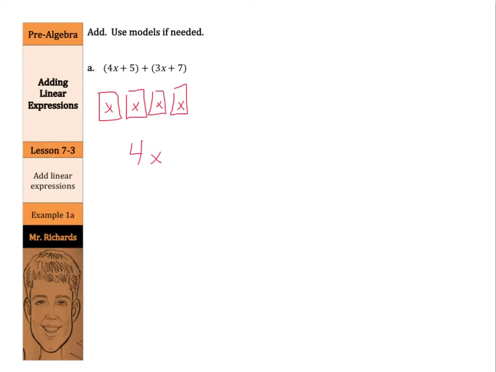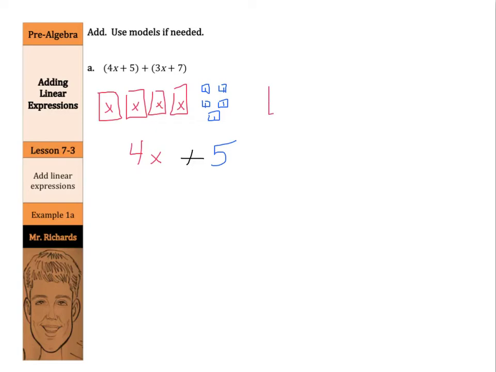What if I do each of those as just little squares? 1, 2, 3, 4, and 5, and each of those represents 1. So that's 4x plus 5. And then I do the same thing for my 3x plus 7.